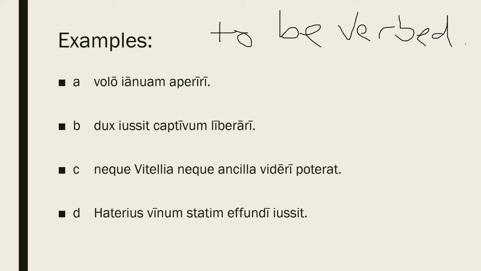And now look at letter C. The passive infinitive, videri. And when you see neque together, that means neither, nor. Neque Vitellia, neque ancilla. Neither Vitellia nor the slave girl was able to be seen.